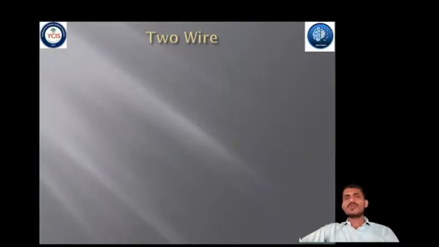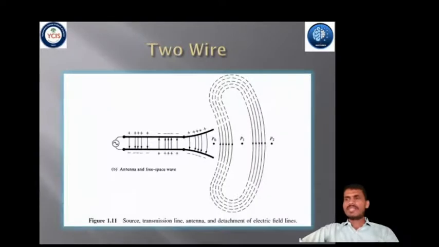Now once again go to figure 1.11, free space wave. Consider water waves created by dropping a pebble in a clear calm body of water, or initiated in some other manner.